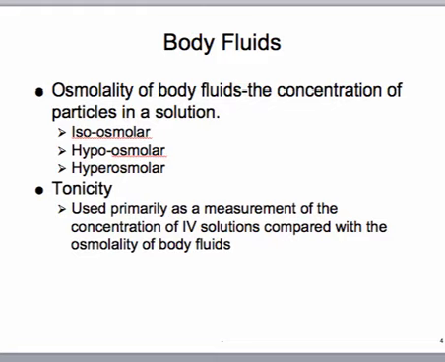Hyperosmolar is more particles than water, and a normal serum osmolality is 280 to 300 molars a kilogram. Tonicity, on the other hand, is used primarily as a measurement of the concentration of IV solutions compared with the osmolality of body fluids.